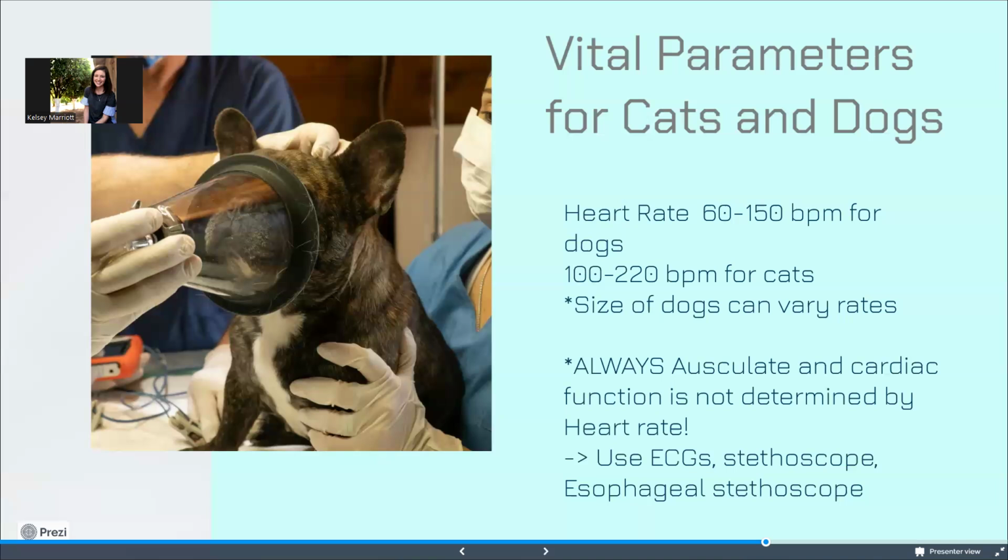So you want to use your stethoscope, your ECG machine, and if you have access to an esophageal stethoscope, that's great, because you can take into account your patient's heart rate and respiratory rate, which can vary under anesthesia. We can see anywhere between 12 and 20 for our dogs, and between 8 and 18 for our cats. It also depends on what drugs we're using. Keeping roughly those ranges in mind is going to be super helpful.